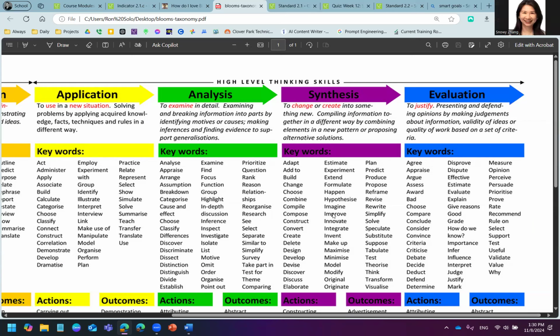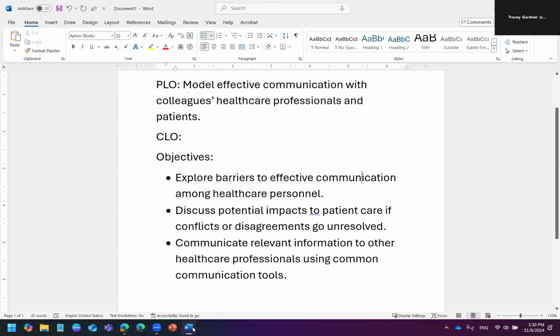Hey Tracy, if I understand correctly, this is about communication, correct? Yes. And I really love the first two course learning outcomes you shared with us, like identify the barriers, explore the barriers and discuss their impact on communication. So I'm thinking, since you are talking about the lab and the clinical field, perhaps explain any procedures to the patients.